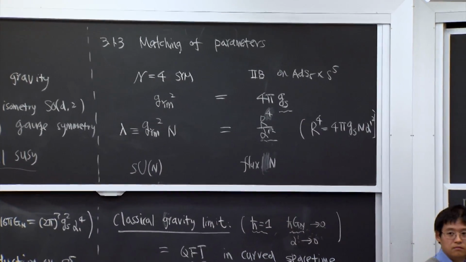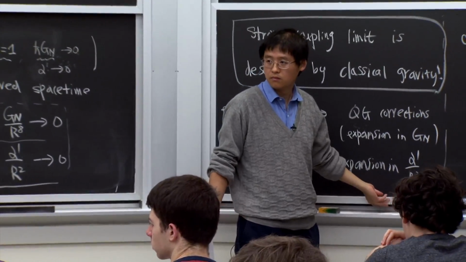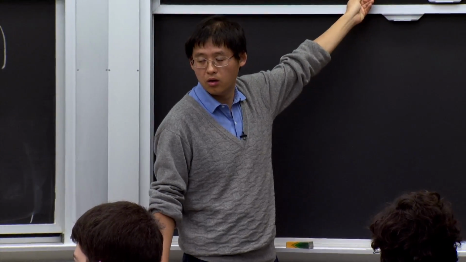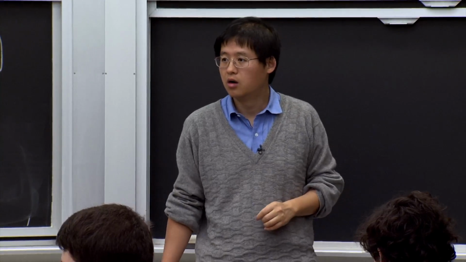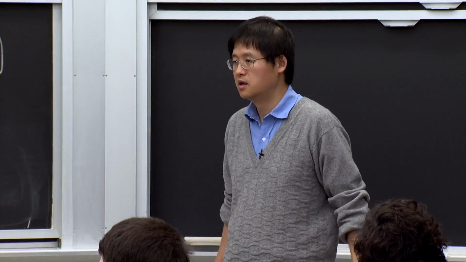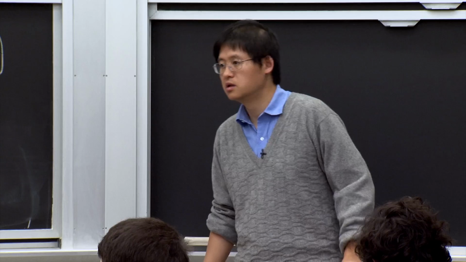So in the classical string limit, since lambda is finite, this means g Yang-Mills is 0, meaning weak coupling?